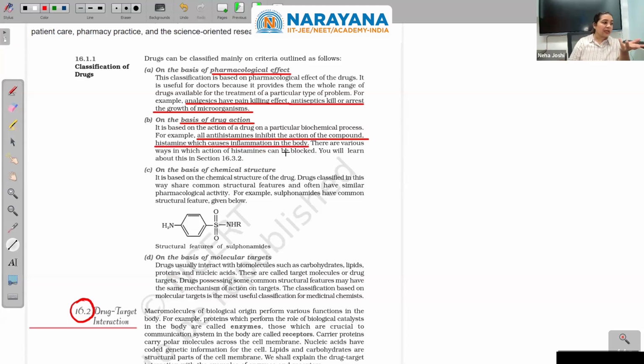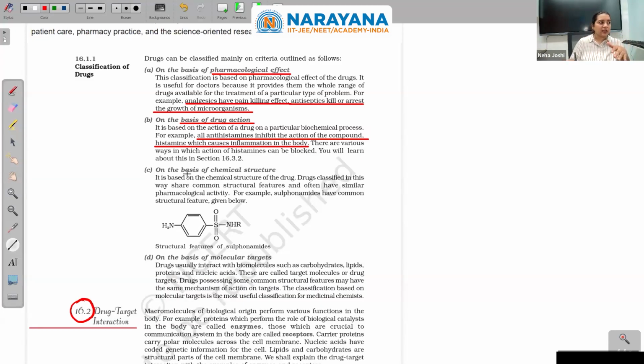Inflammation is some sort of swelling. So it is a class of compounds which inhibit histamine action, thereby swelling inside the body is stopped or reduced. There are various ways in which the action of histamines can be blocked, that we'll learn later.